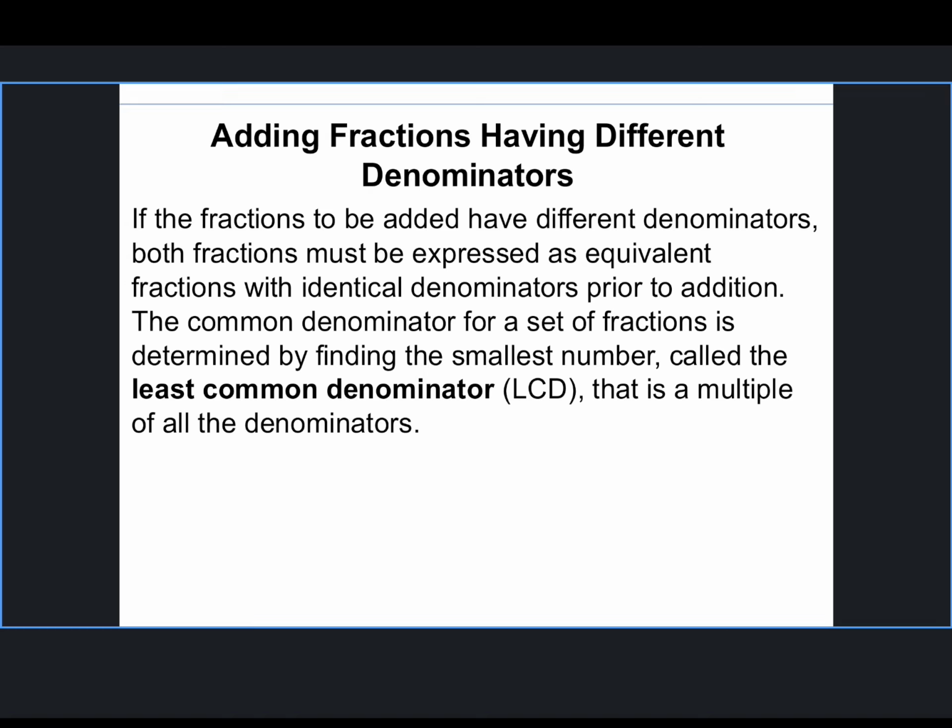So the common denominator for a set of fractions is determined by finding the smallest number, called the least common denominator, that is a multiple of all of the denominators. So what is a multiple?